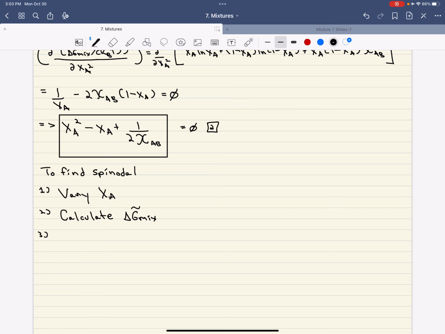Based on your delta G mix, if you see that there's a concave down section, or in other words, your delta G mix has a bump, you then solve equation 2 to get your xa dagger and xa double dagger.